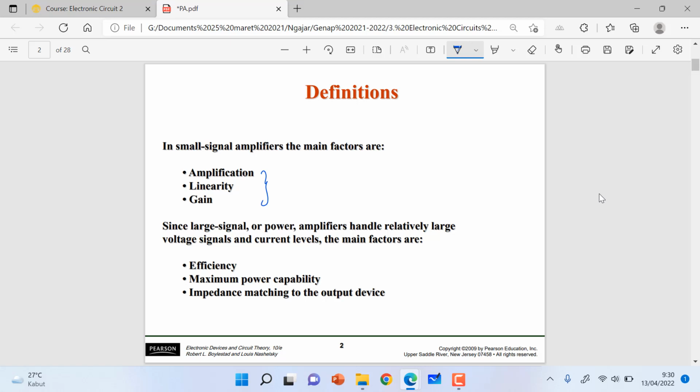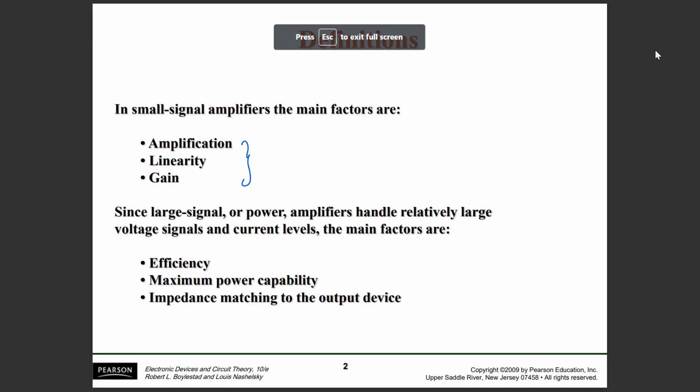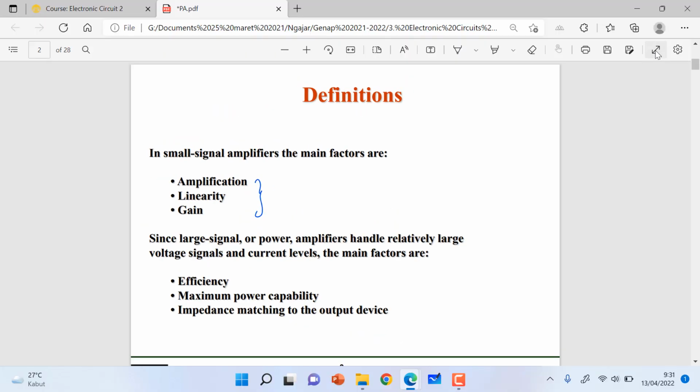And also, since a large signal power amplifier handles a relatively large voltage signal and current level, we have three more main factors: the efficiency, the maximum power capability, and the impedance matching to the output devices.